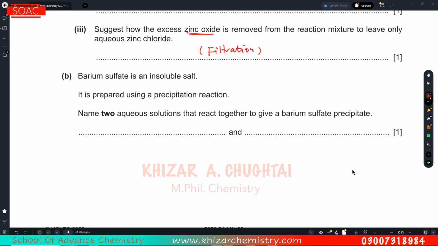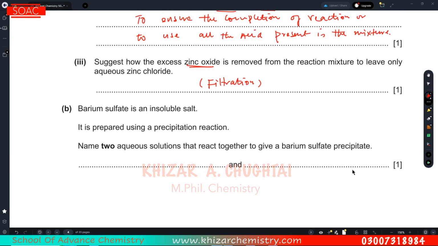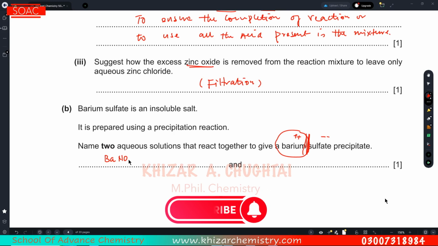Barium sulfate is an insoluble salt. It is prepared using precipitation reaction. Name 2 aqueous solutions that react together to give barium sulfate. Barium sulfate, so this portion is basically positive and this is negative. So barium nitrate, all metal nitrates are water soluble.